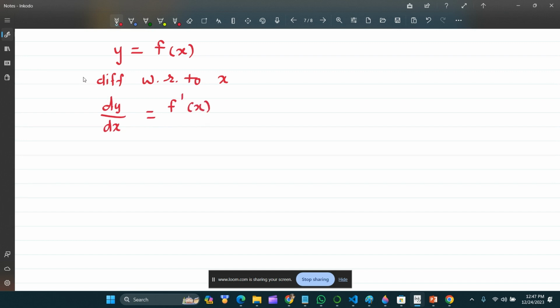This is our derivative. Now in integration, we take the integration of this function. This is the sign of integration, a stretchable S, f dash of x. Since this integration is with respect to x, we take dx.